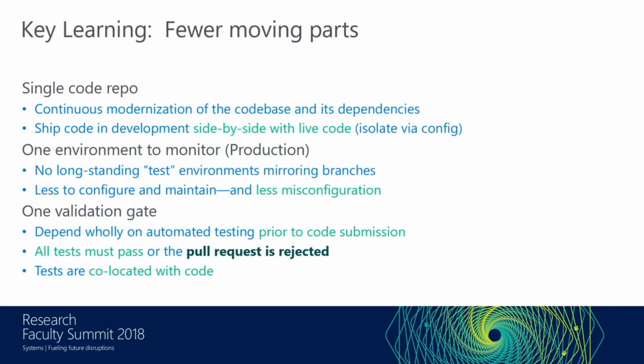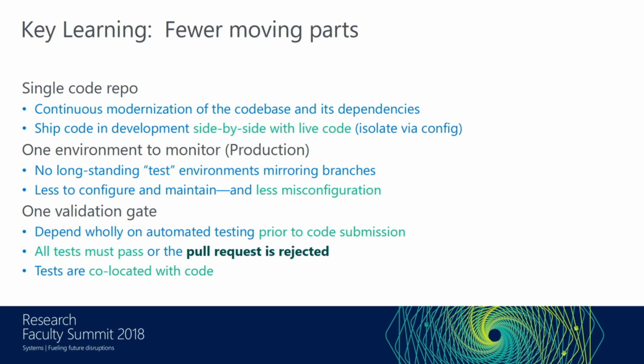So we decided, and we learned, that if you have fewer moving parts, again, this is something I've always been saying, if you have fewer moving parts, less things can break, you have much better standardization, and things run much more smoothly. We have one environment to monitor, that's production. Even our test environment is production, it just doesn't take traffic.